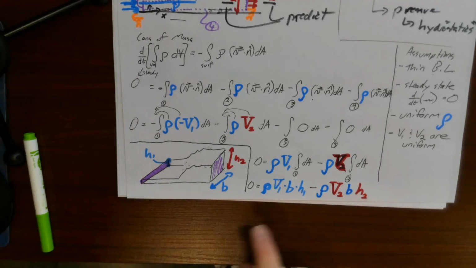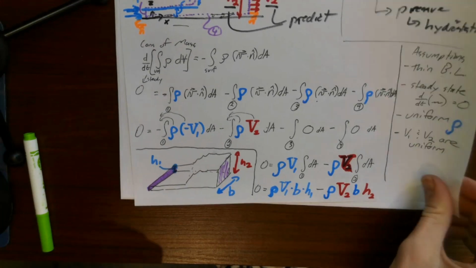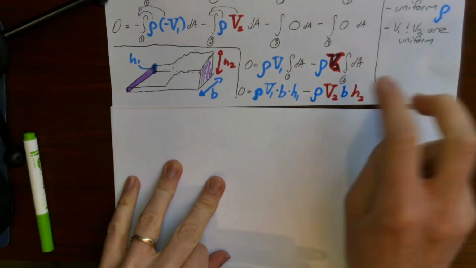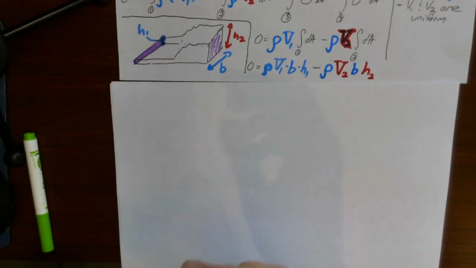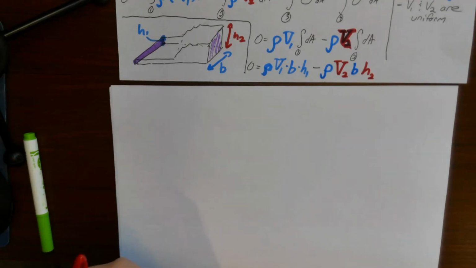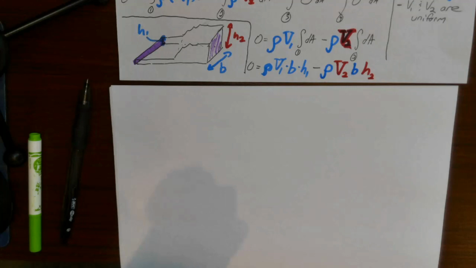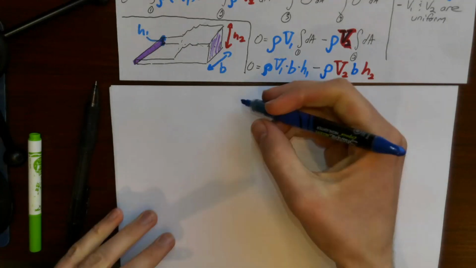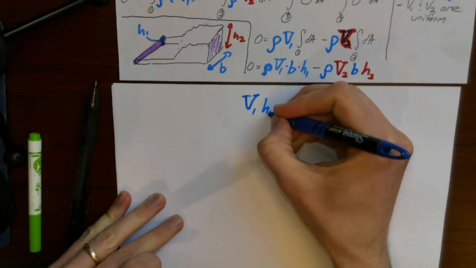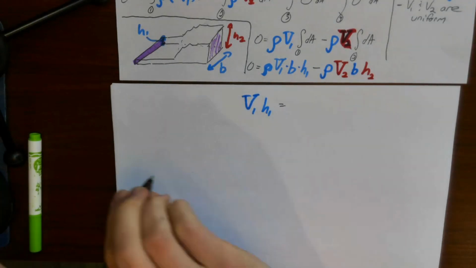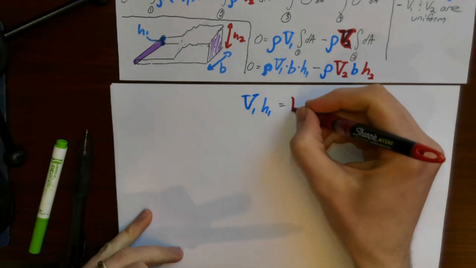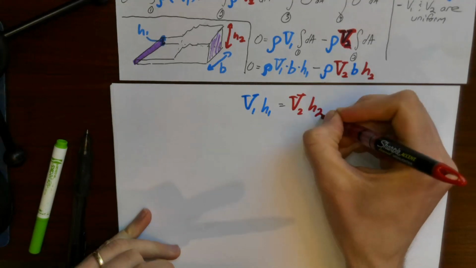All right, awesome. So what does this leave us with? Both terms have a rho, so we could divide that. Both terms have a b, so we could divide that. We could bring this over to one side of the equation, and we're left with v1 h1 equals v2 h2.